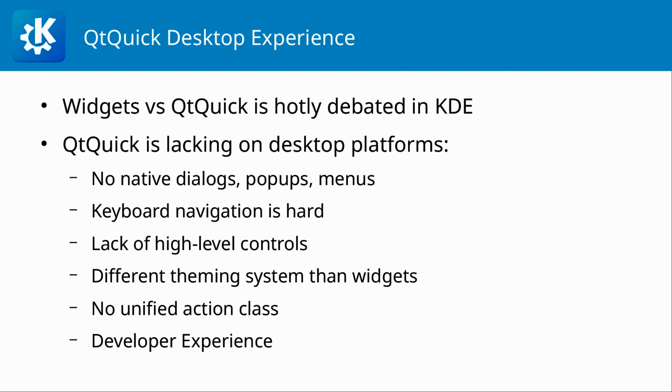Like Qt exposes a lot of lowish level building blocks like rectangles and buttons, but sometimes you're missing high-level components, like, for example, there's no equivalent of a QFormLayout in QML, so we had to roll our own in KDE libraries.